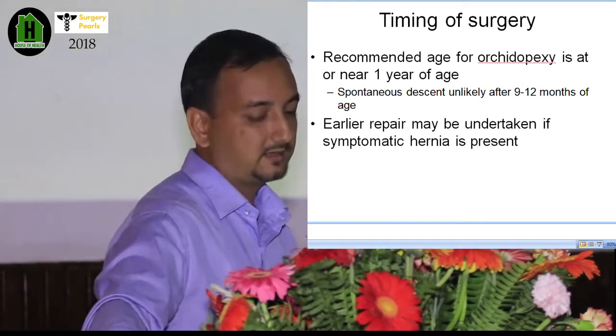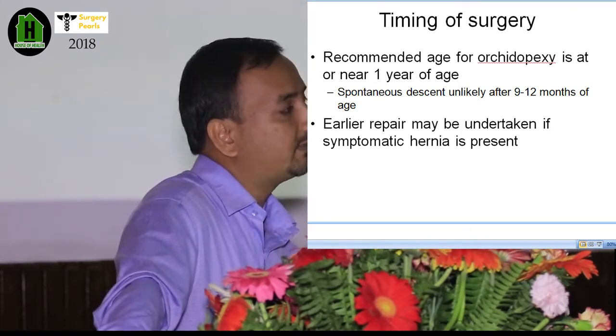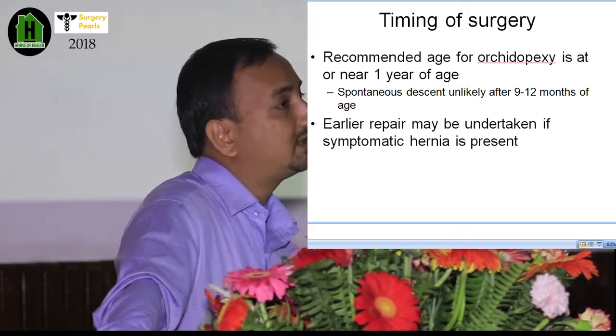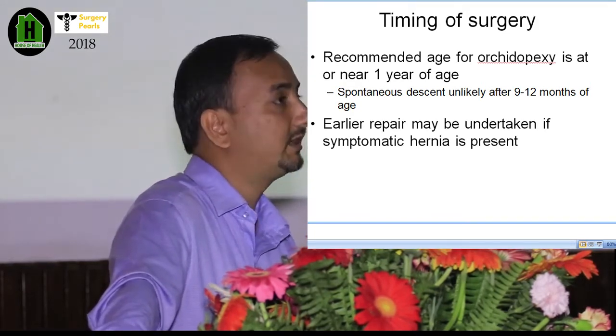Because spontaneous descent is unlikely after 9 to 12 months of age. And sometimes earlier repair can be attempted if there is a symptomatic inguinal hernia, because you all know that there is an inguinal hernia associated. So if there is a symptomatic hernia, sometimes we repair even before 1 year of age.